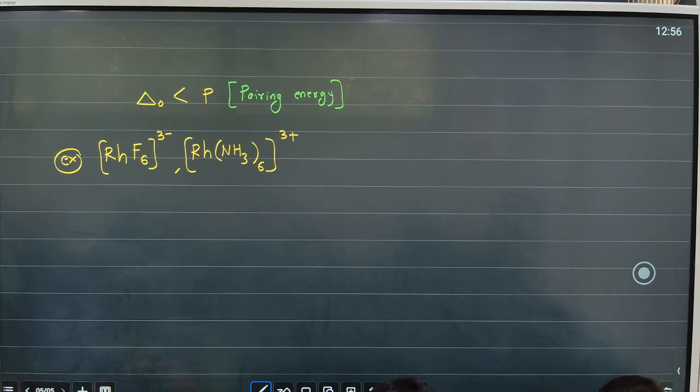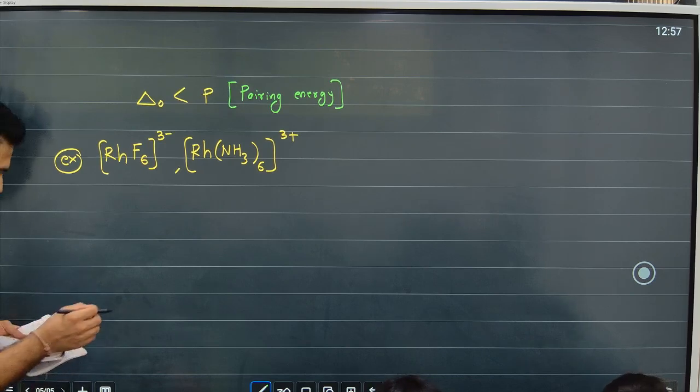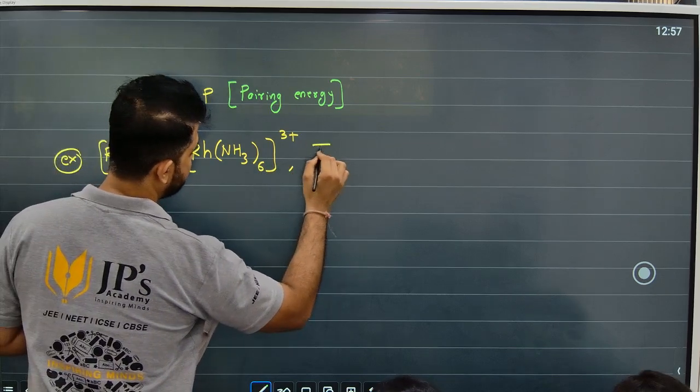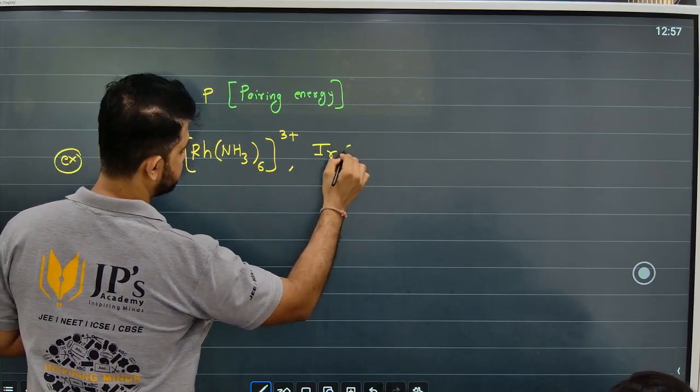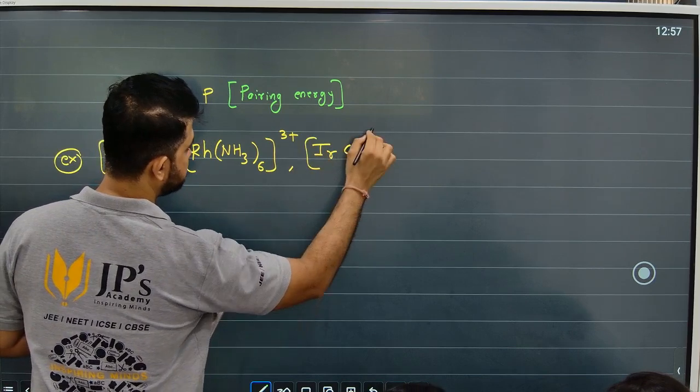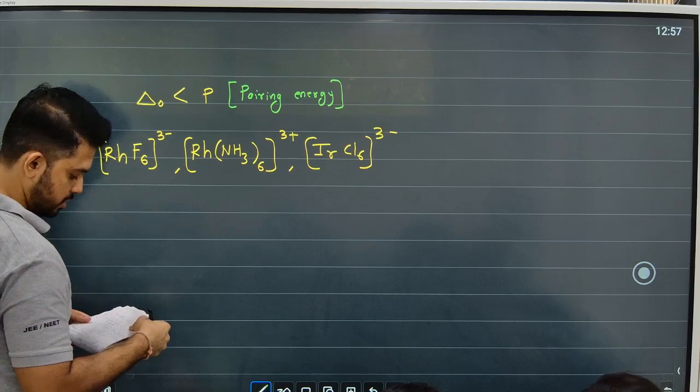So over here, people, whether this is fluorine or amine, will pairing take place or not? Pairing will take place because all ligands behave as strong field ligands and all of them will form low spin complexes. So solve these also, and give me the hybridization and geometry for all of them.